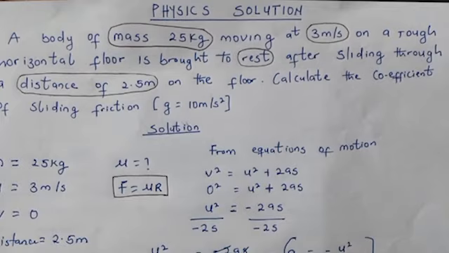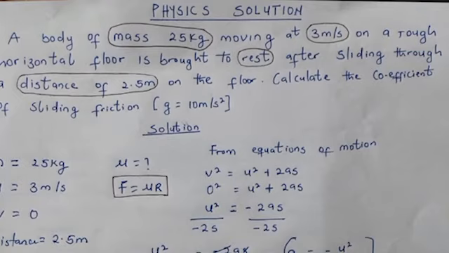The parameters we are given are the mass of 25 kilogram, moving at a velocity of 3 meters per second, brought to rest after sliding 2.5 meters. We are being asked to find the coefficient of sliding friction.